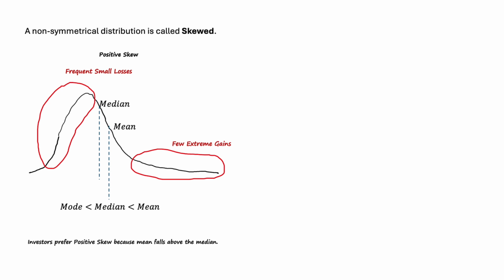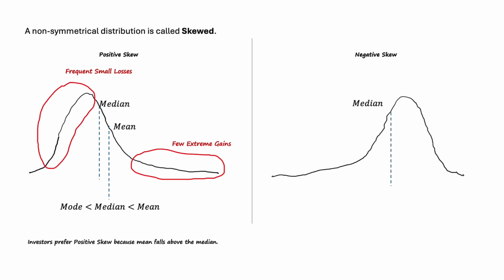Now, on the opposite end of the spectrum, we have what's called a negative skew. And a negative skew looks almost inverse of the positive skew. So if we were to draw that out, it would come like that. Your median, the point where your area on the right would be approximately equal to the area on the left, is right there for an estimation standpoint.